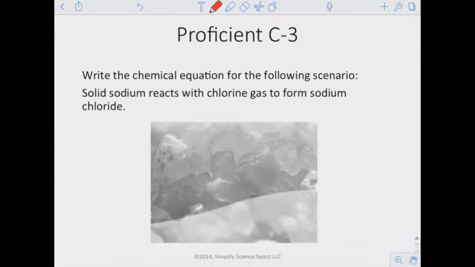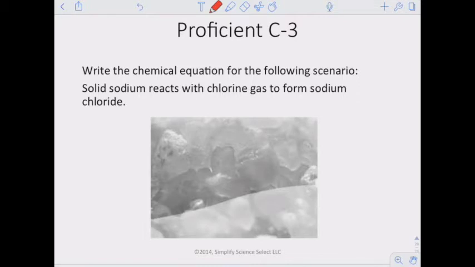And our next example, it says write the chemical equation for the following scenario. We have solid sodium. So sodium is Na, and it's a solid, so we put S in parentheses. It reacts with chlorine gas, Cl. We put a 2 here because it's a part of Brinkelhoff. Chlorine is a gas as well, so we put a G. Reacts to form sodium chloride.